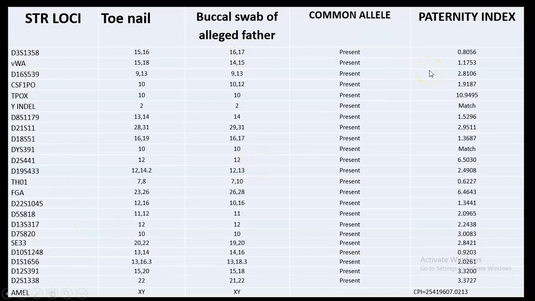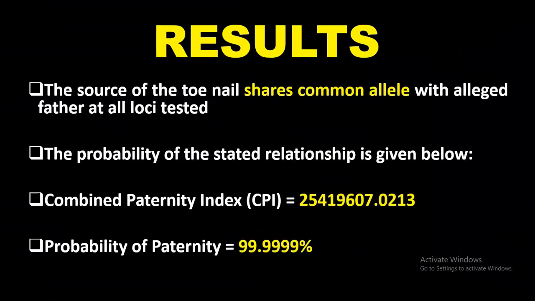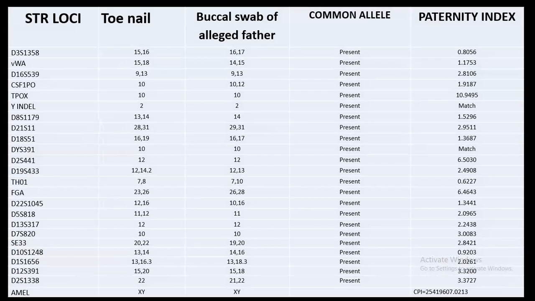So based on this, paternity index was calculated for the various markers or loci, and the combined paternity index, CPI, was also calculated. So the source of the toenail shares common allele with alleged father at all the loci tested. That's what we just looked at.